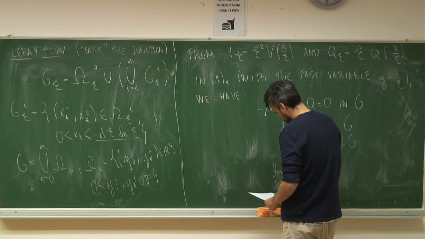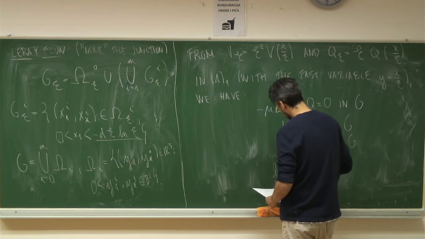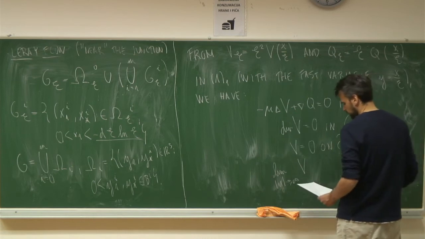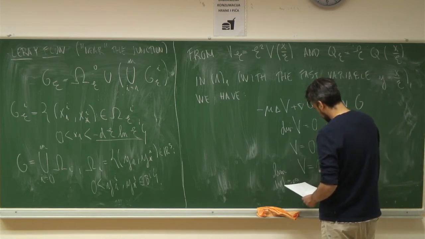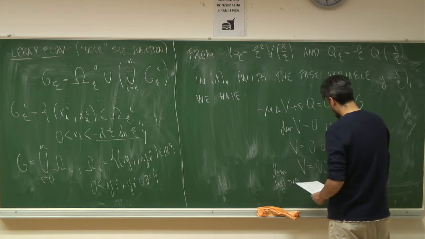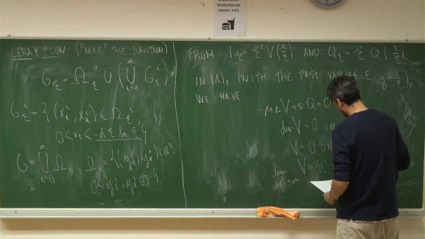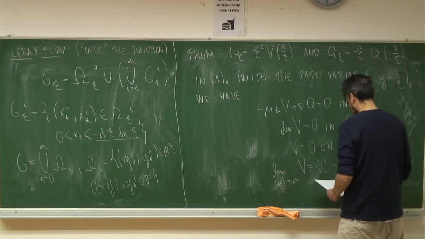So as y goes to infinity, basically y1 goes to infinity, this is equal to u1, which is vi y star I over li.